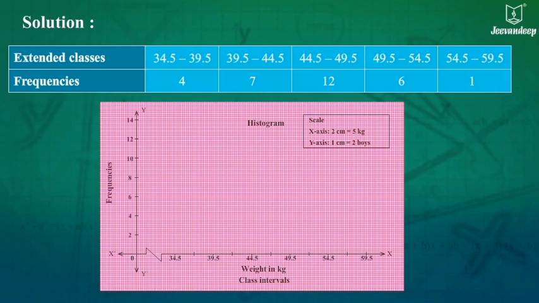Take frequencies, that is, number of boys in this case, on the y-axis. Draw rectangles on the x-axis with base of extended class intervals and height proportional to corresponding frequencies. This is the required histogram for the given data.